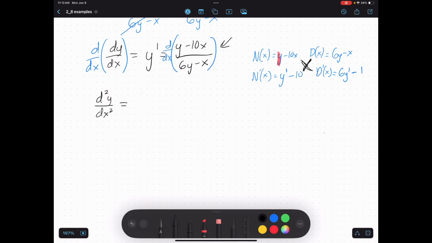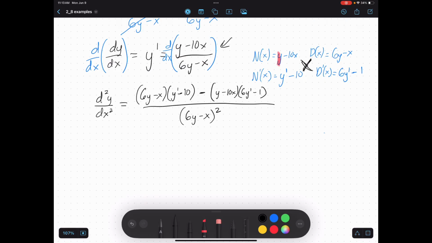And I get denominator multiplied by the derivative of the numerator, so y prime minus 10, minus the other pairing, so numerator y minus 10x times the derivative of the denominator, so 6y prime minus 1, all over the denominator squared. Whew. So there's my second derivative.